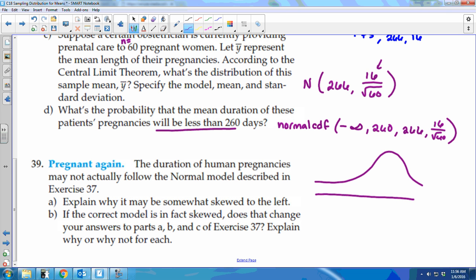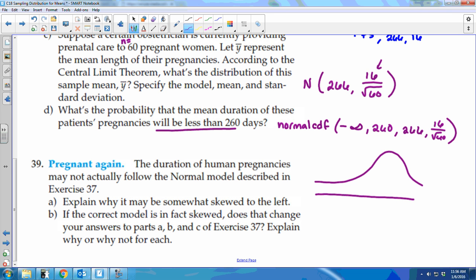Premature babies, right? We can have a center, sure. We have a center, but we're more likely to have premature births than we are to have late term births, right? Doctors aren't going to let you be pregnant forever. It's just not going to happen, right? Eventually, there's a point to which they are going to make you give birth to your baby. So it would be skewed to the left, wouldn't it?